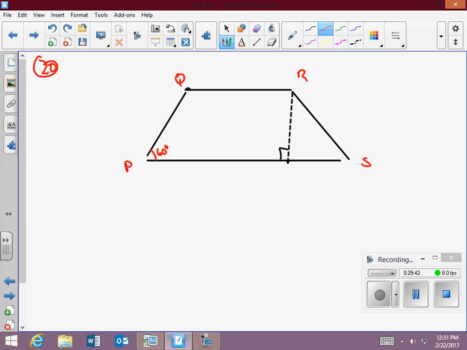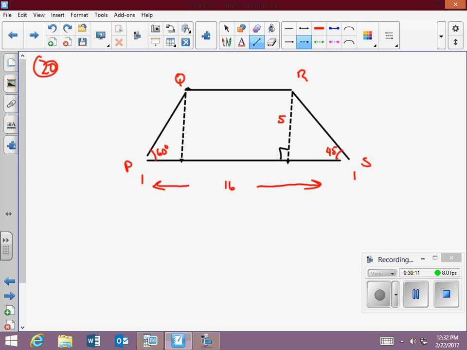Angle S is 45. And PS is 16. And the height is 5. So we have basically this is going to be a height, and it's going to be 5. And we want to find the area.